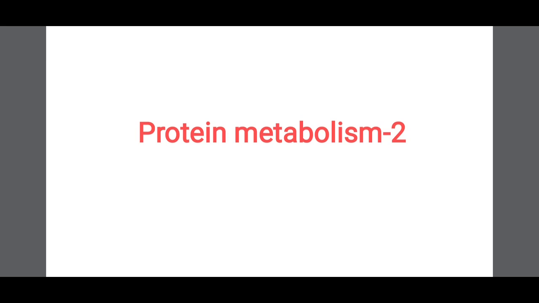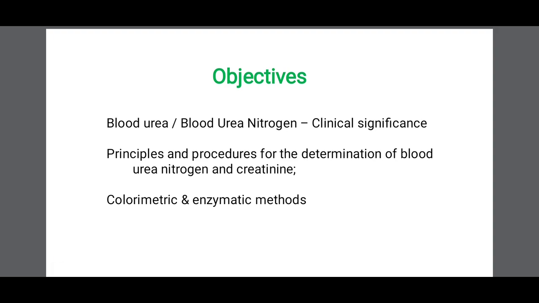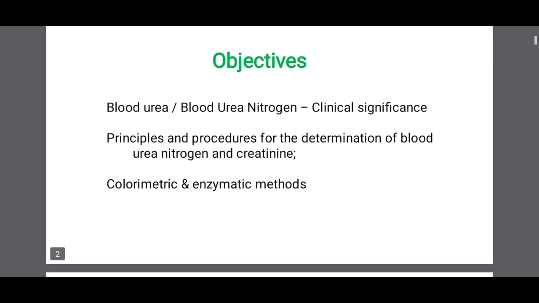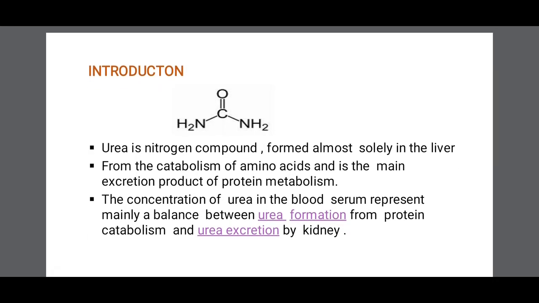The objectives include blood urea nitrogen and its clinical significance, and the principle and procedure for the determination of blood urea nitrogen and creatinine by the colorimetric and enzymatic methods. So first we'll see the introduction.